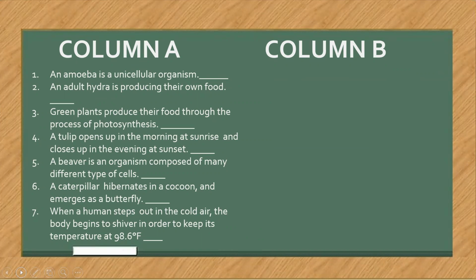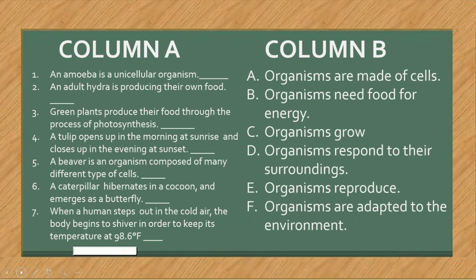A tulip opens up in the morning at sunrise and closes up in the evening at sunset. A weaver is an organism composed of many different types of cells. A caterpillar hibernates in a cocoon and emerges as a butterfly. When a human steps out in the cold air, the body begins to shiver in order to keep its temperature at 98.6 degrees Fahrenheit.